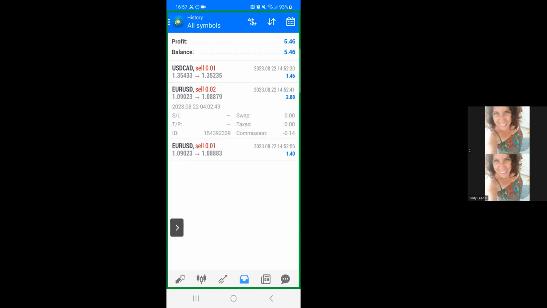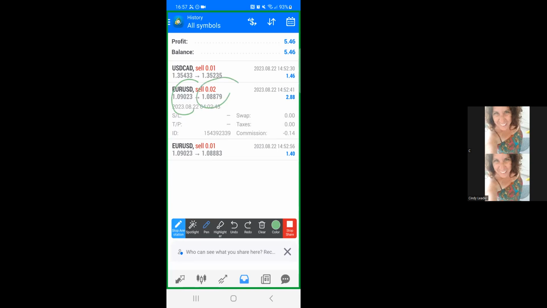So here's the trade that I'm talking about right here. These are the numbers that I was using. Okay, I closed it out. And this is where I got my 144, but oops, it's a 0.02, so it just multiplied it times 2.